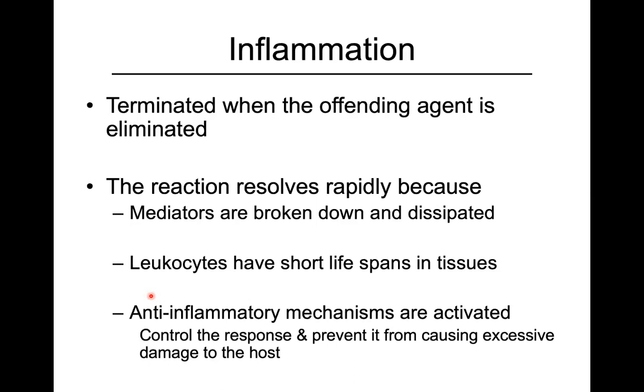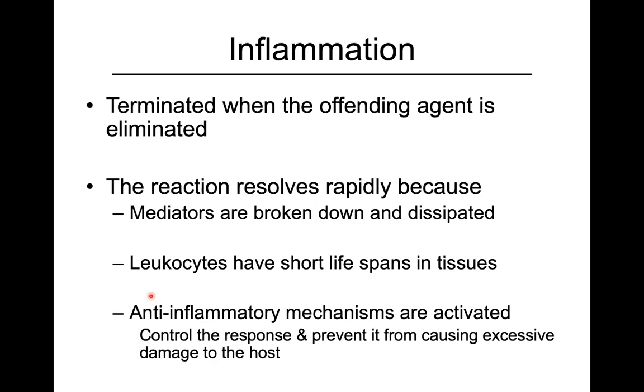For example, the genes that code for the cytokines involved in the pro-inflammatory response are the ones that are going to be activated so that these proteins are produced. When the offending agent has been removed, then you get the anti-inflammatory signals being the ones that are activated. So you need something to silence the pro-inflammatory response so that the tissue can go back to normal.